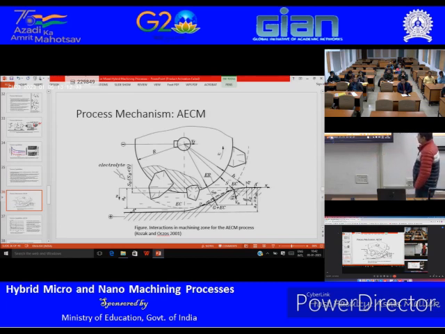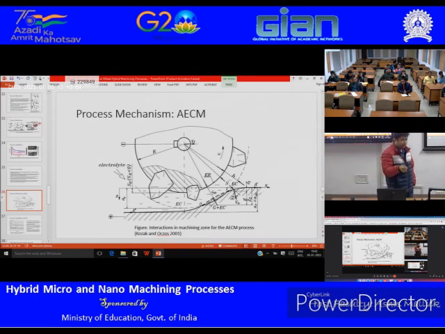Here they try to do some modeling, but again the grain will be the dominating mechanism.